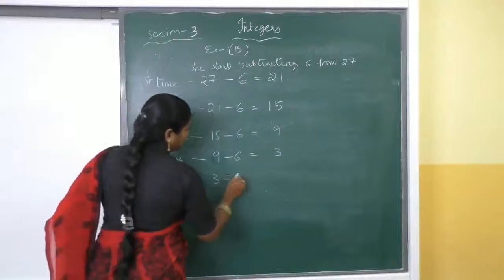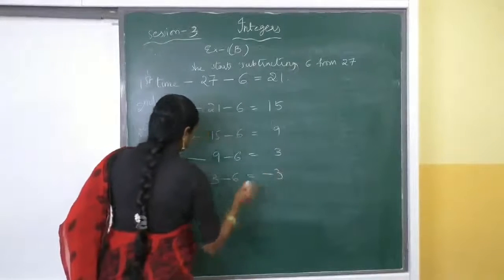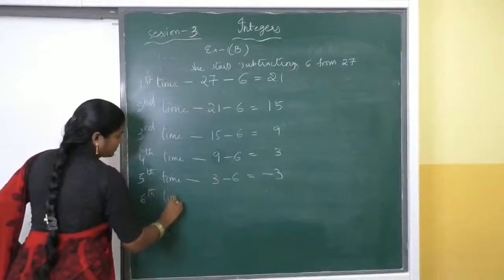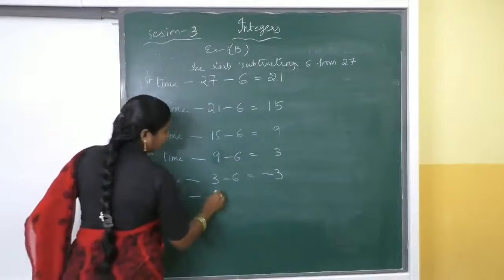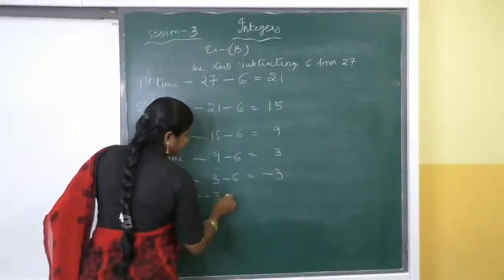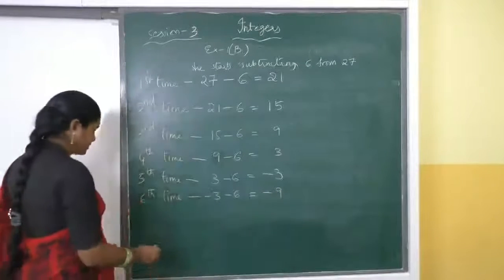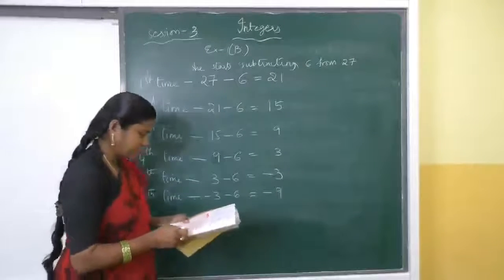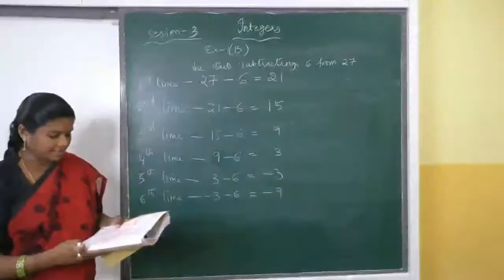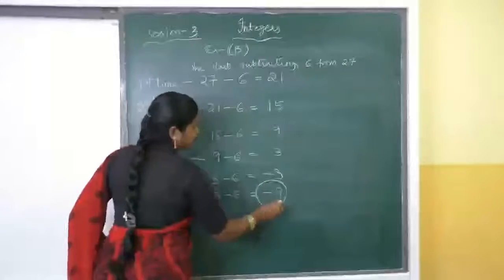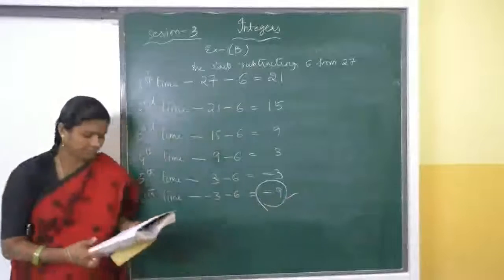Fifth time, 3 minus 6 is equal to minus 3. Sixth time, minus 3 minus 6, which gives the result minus 9. So the integer she will arrive at if she subtracts 6, six times, is nothing but minus 9. This is the final answer.